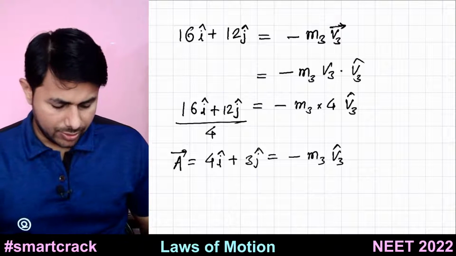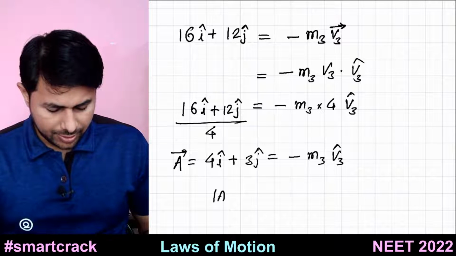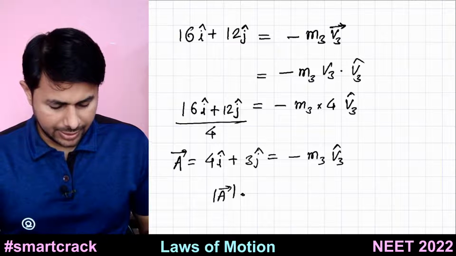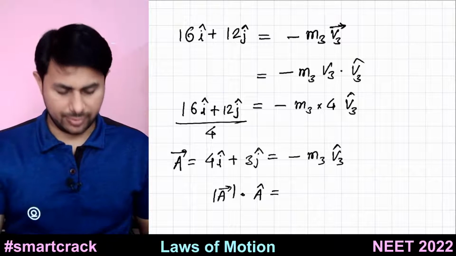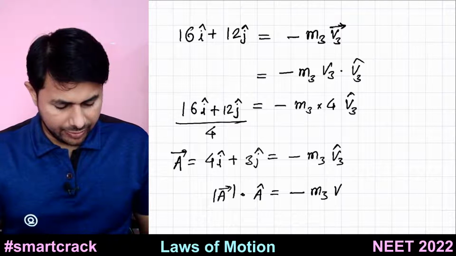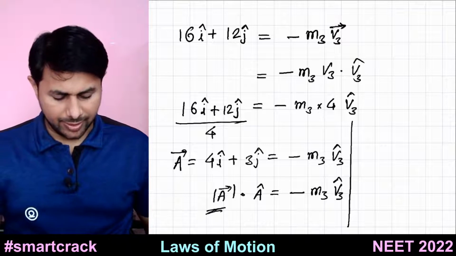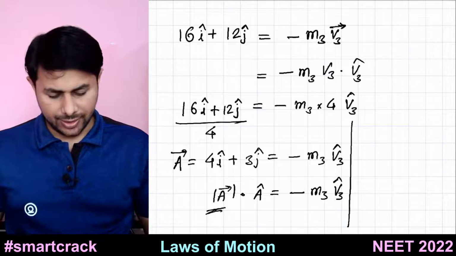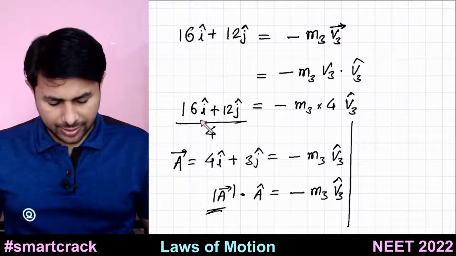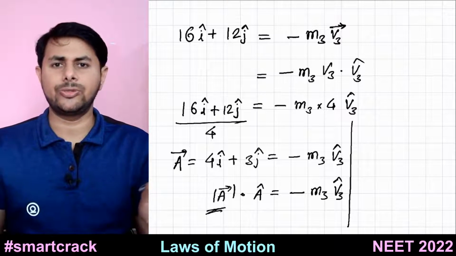The directions of a bar and v3 bar are opposite to each other.